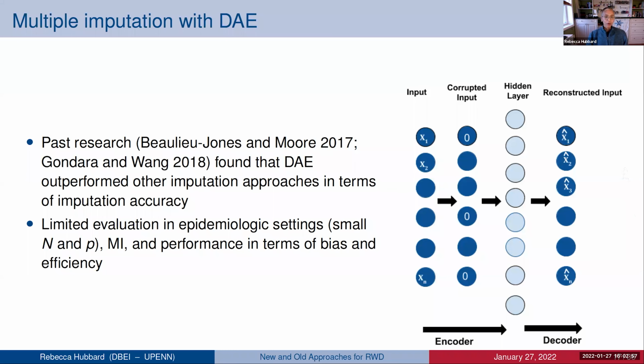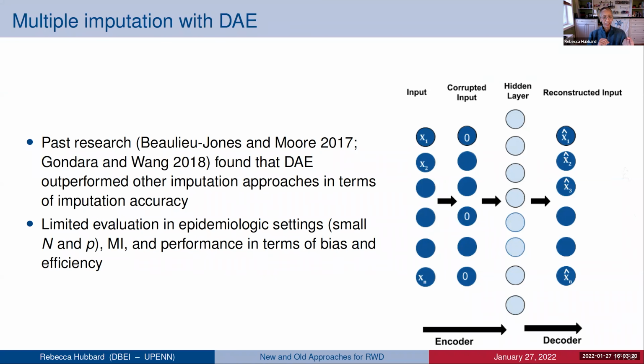And finally, and most importantly from my perspective, the previous papers that had looked at denoising autoencoders really focused almost exclusively on evaluating performance in terms of looking at the mean squared error of the predicted missing features. So they're evaluating the models in terms of their ability to predict the features that were missing.